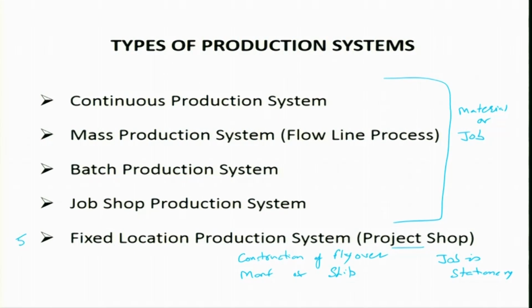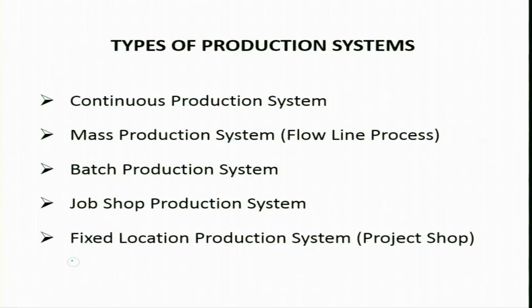Now, let us see in detail the various types of these production systems, their salient features. In most of the studies, the challenge is in management of these 3 systems. There are very few management issues in continuous production system, because once you set up the plant, the management of this system is very easy, as not many changes are taking place, though there are certain aspects which we will study there also.